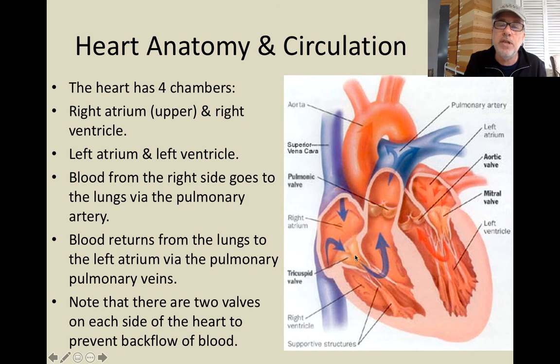You do not need to know the names of these valves. Similarly, on the left side, there is a valve between the left atrium and the left ventricle, and then another valve between the aorta, this large blood vessel that carries blood to the systemic circulation, and the left ventricle.